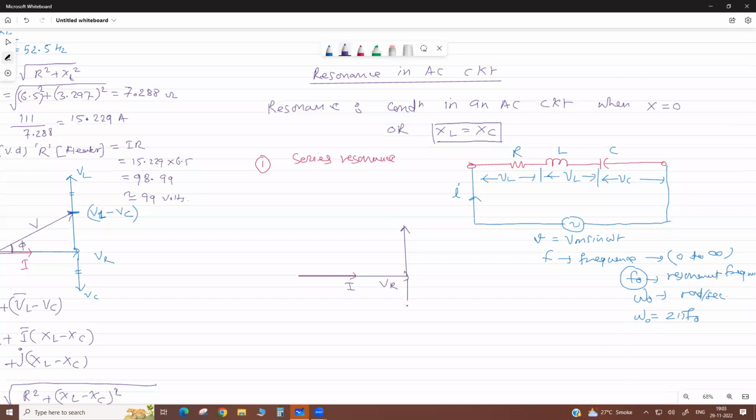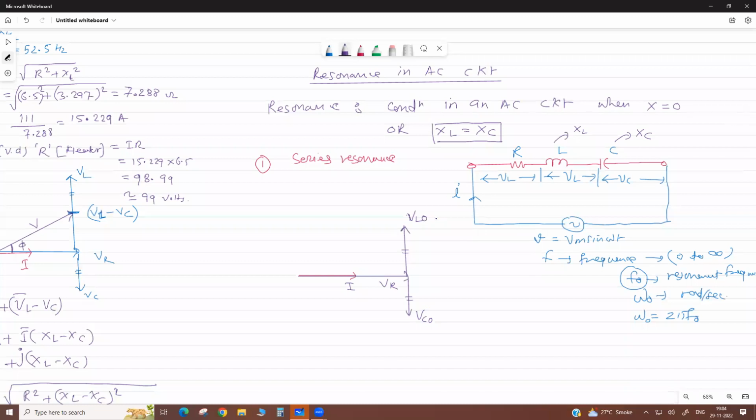Now if due to this inductance XL and capacitive reactance XC, at resonance condition they become equal, it means the drops VL and VC become equal. At resonance frequency, it is considered as VC naught.